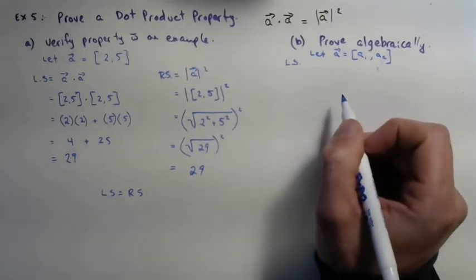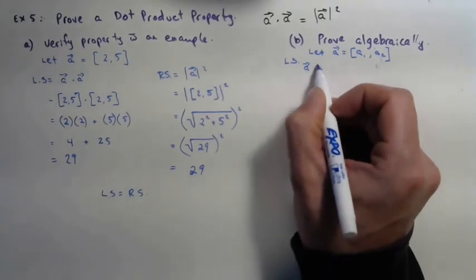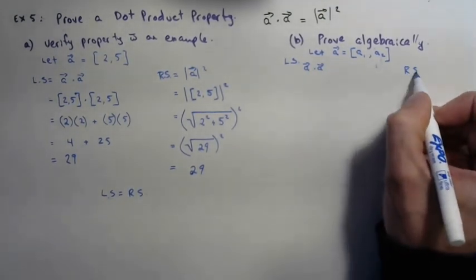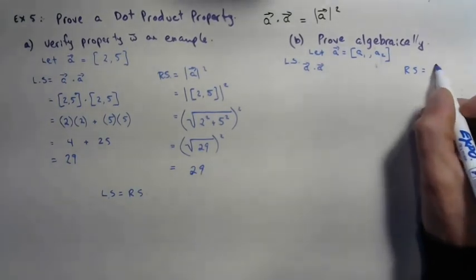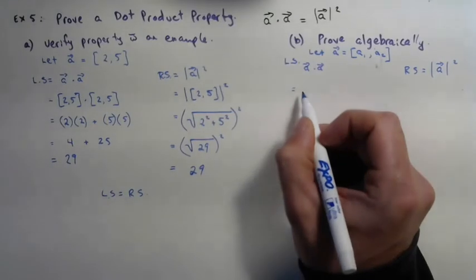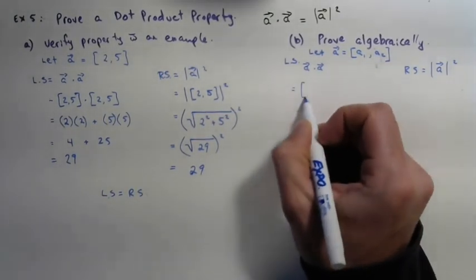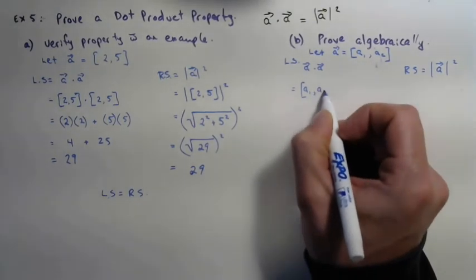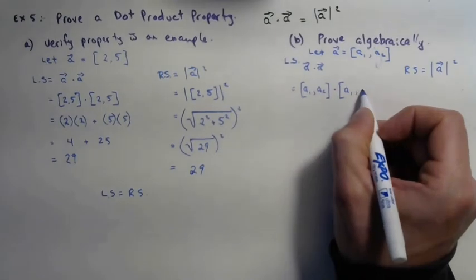And then on the left side we have A dot A. On the right side we have the magnitude of A squared. So working down this left side, if we've defined A as A1, A2, then I'm just going to plug that in there. A1, A2 dot A1, A2.